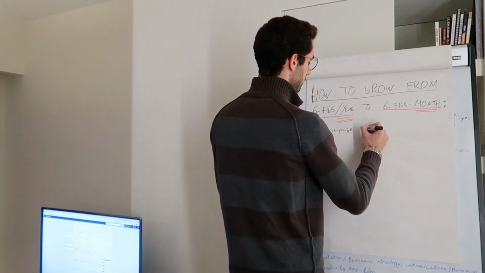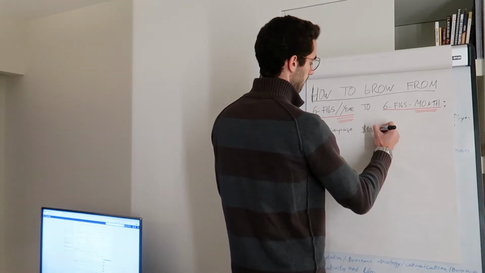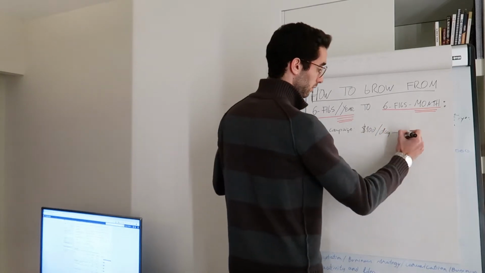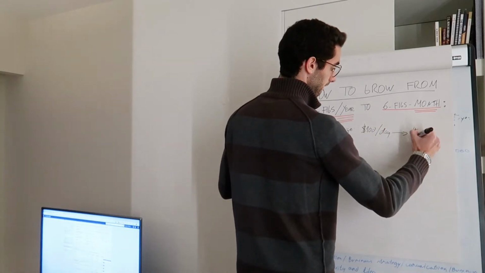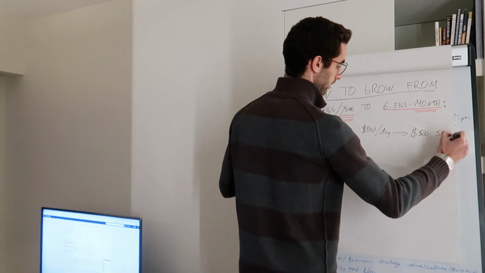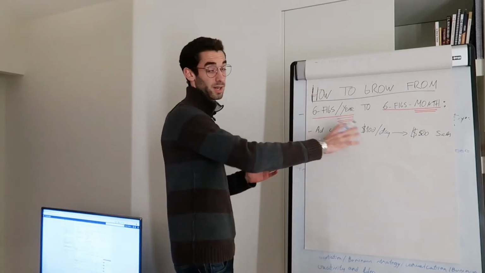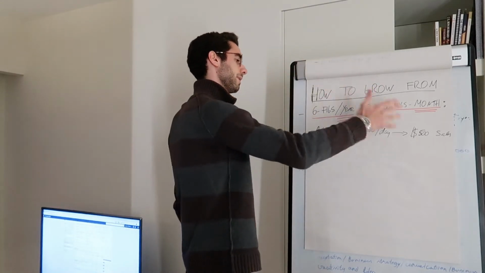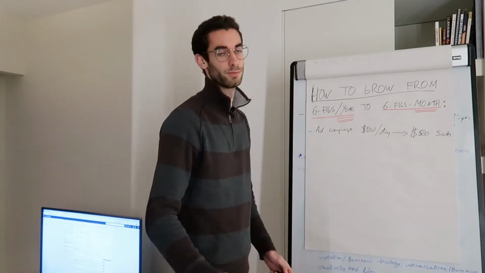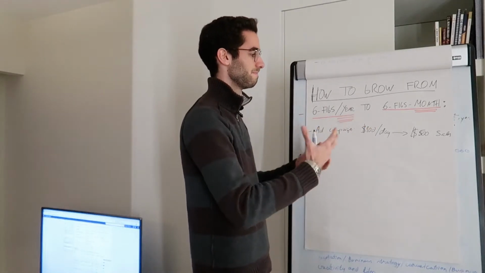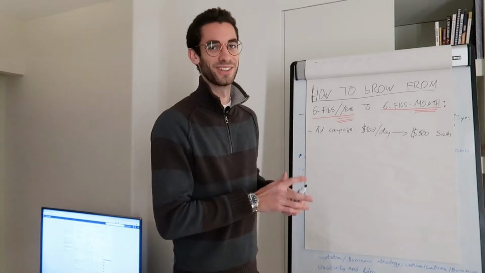Let's say you're spending $100 a day, and this brings you $500 in sales. And you want to scale. Obviously, you want to be spending $1,000 a day and making $5,000 in sales, right? So this is the definition of scaling.